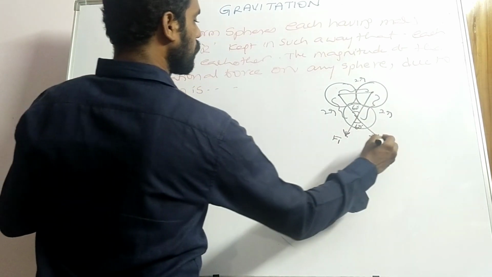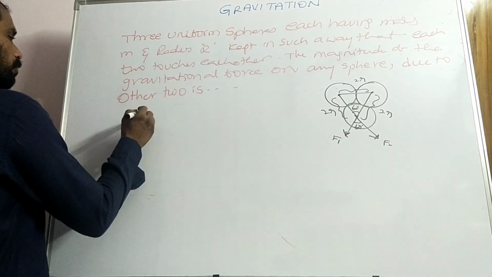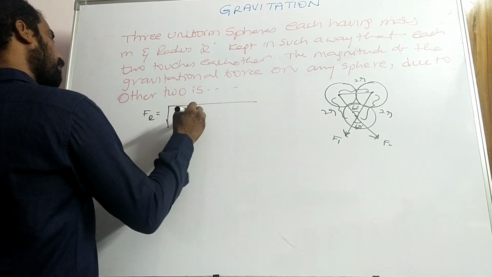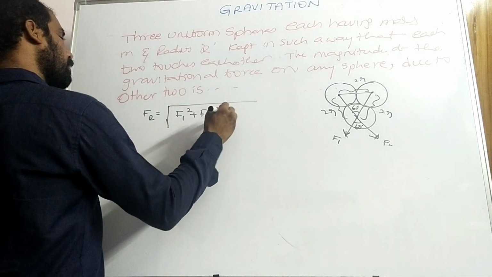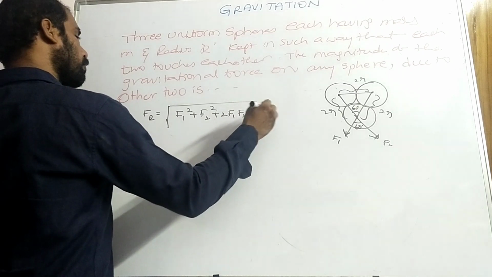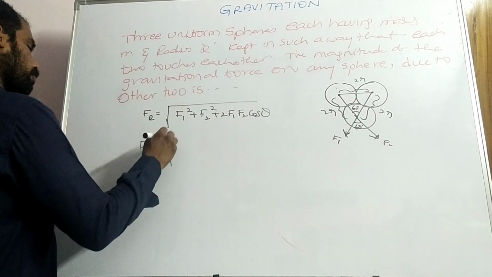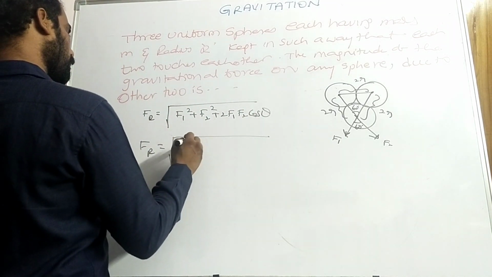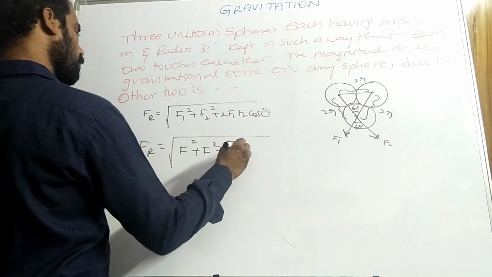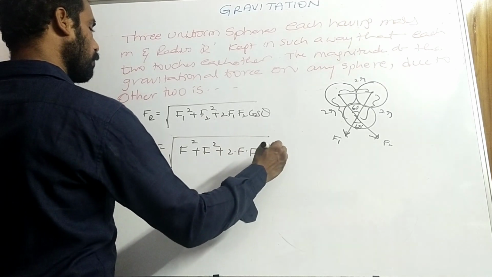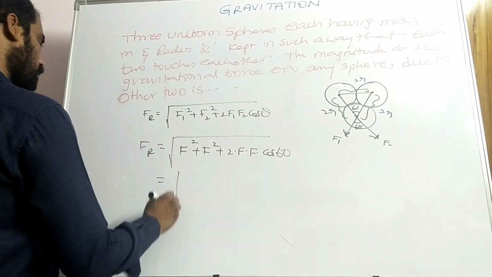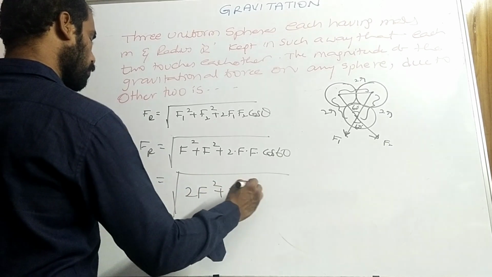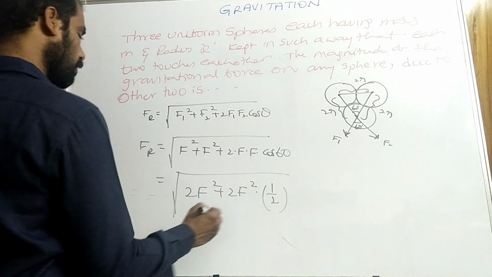Let us consider this is F1, this is F2. So Fr is equal to root of F1 square plus F2 square plus 2 F1 F2 cos theta. Fr is equal to root of F square plus F square plus 2 into F into F into cos 60, since the same force is acting, identical. That is equal to root of 2F square plus 2F square into cos 60, which is 1 by 2.